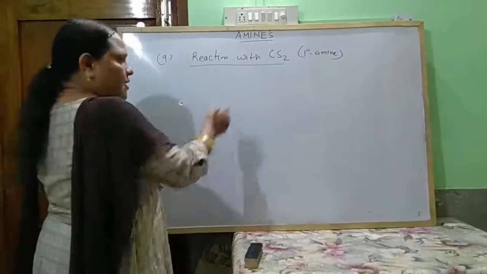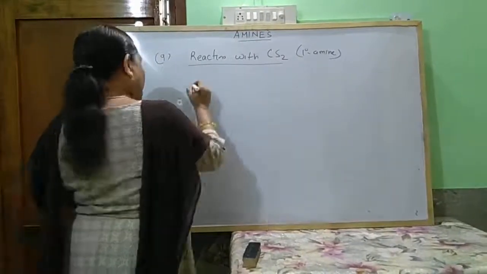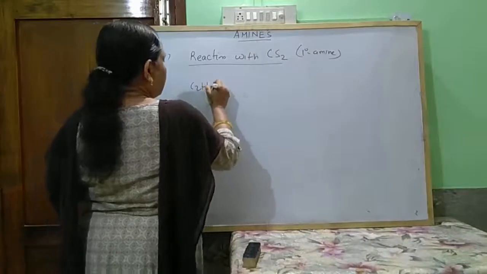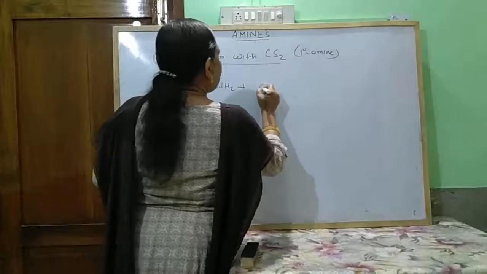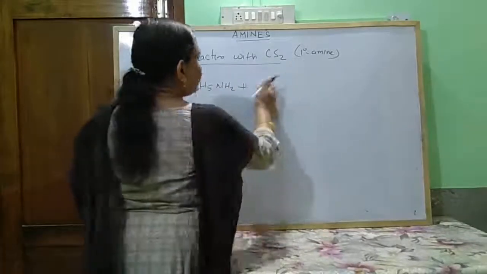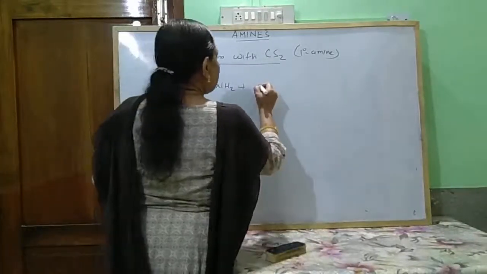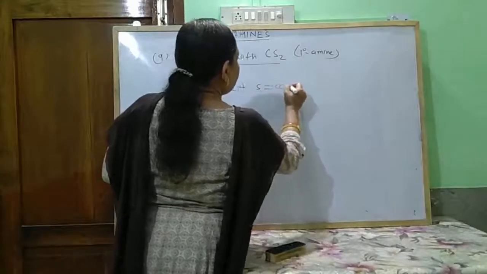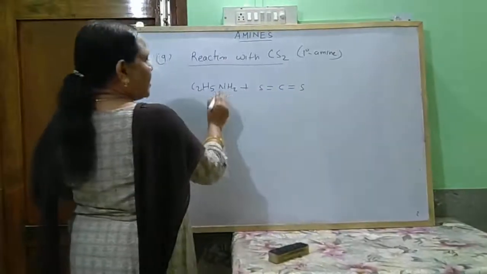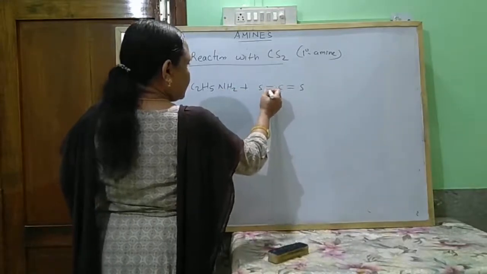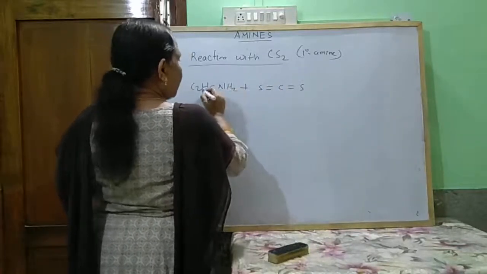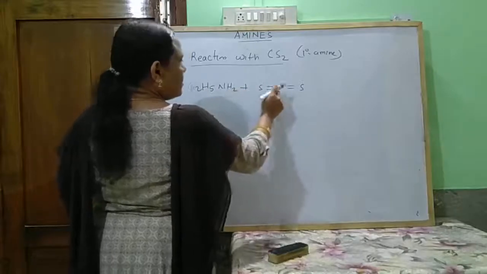Okay, first look at this equation. Plus carbon disulfide. Carbon disulfide has a similar structure to that of carbon dioxide. It forms an addition compound. So H comes, this bond breaking takes place. This H comes here and C2H5NH comes to here.